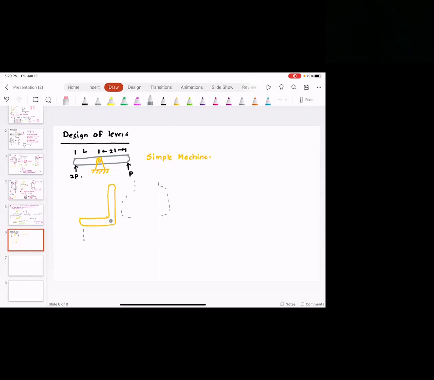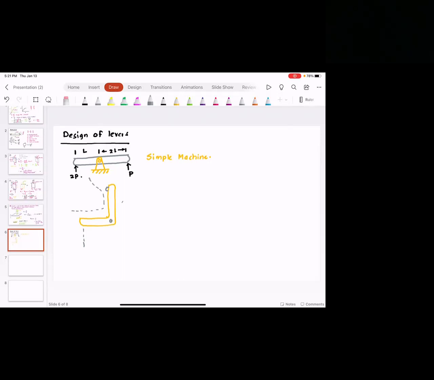Actually, I drew the bell on the wrong side. So the bell should be here. When someone pulls this, this lever hits the dong, and then you get that booming noise. So this is called the bell crank lever.